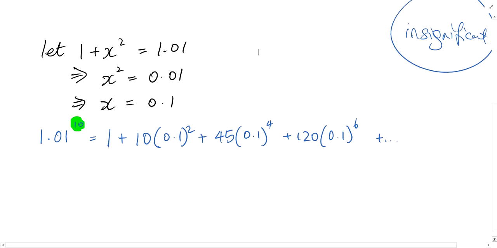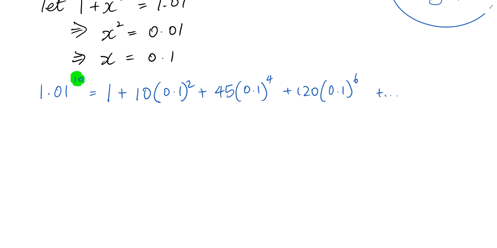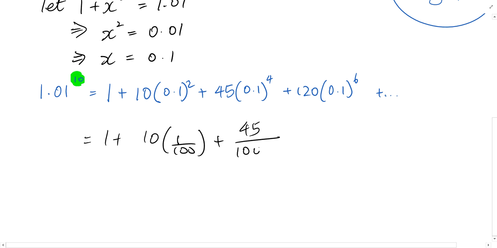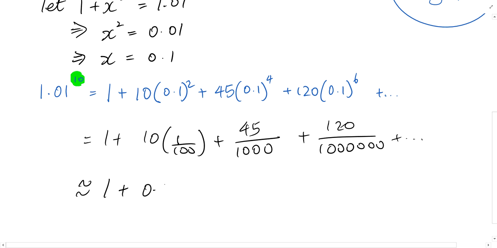Now it's the time to estimate. 1 plus 10 over 100 plus 45 over 10,000 plus 120 over 1 million. From here, you can use your calculator already, because I can expect you to do it. So this is 1 plus 0.1 plus 0.045 plus 0.00012345.